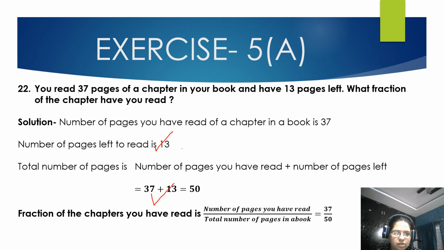The fraction of the chapter you have read is the number of pages you have read divided by the total number of pages in the book, that is equal to 37 divided by 50.